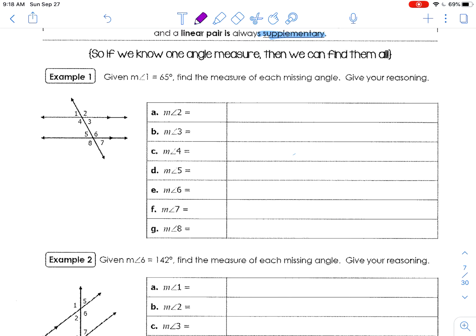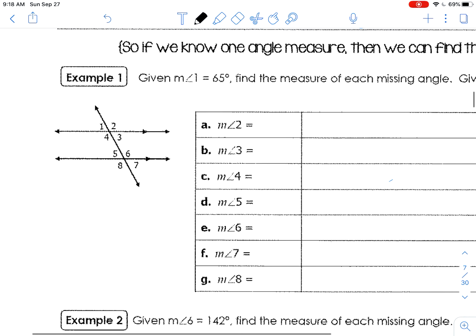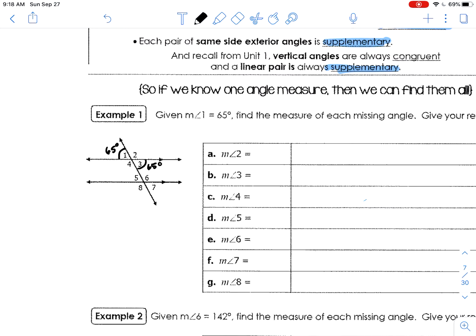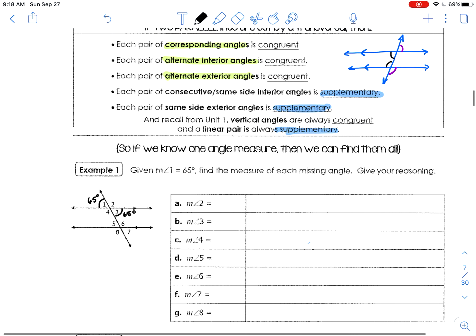So when we're given some information, let's go ahead and put that information right on our diagram. It tells us the measure of angle 1 is 65. So this guy is 65. Well, just from Unit 1, we know that angle 3 is going to be congruent to that, and that's 65. Okay, so now the three angle pairs that we've just learned, corresponding, alternate interior, and alternate exterior, are congruent.